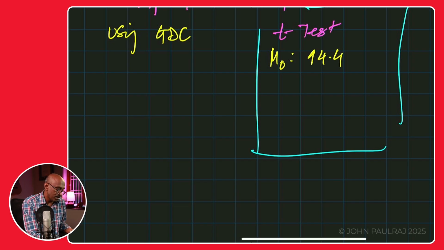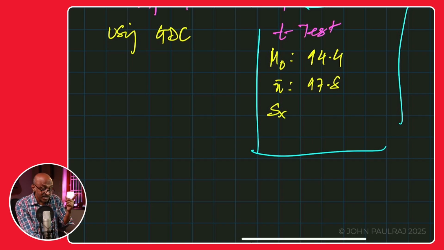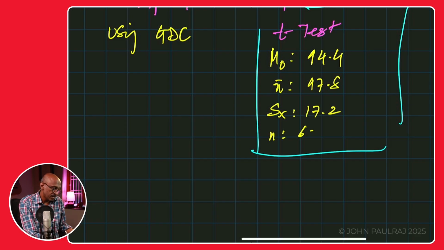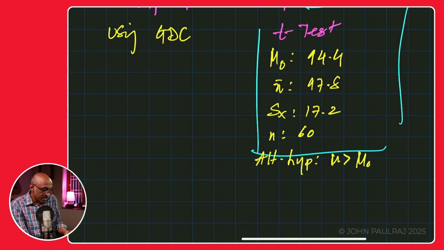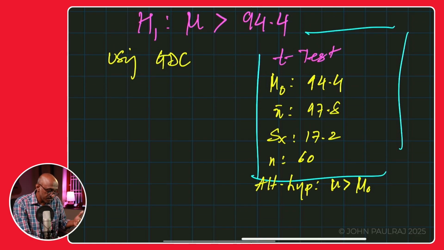And then x bar is 97.8, and sx, remember they gave it as sn minus 1, but you're just writing what you see on the calculator, basically 17.2, and then n is 60, and the alternate hypothesis is mu greater than mu naught. So we have entered what you've put on the calculator. Basically this is just showing the examiner what you've input into the calculator.